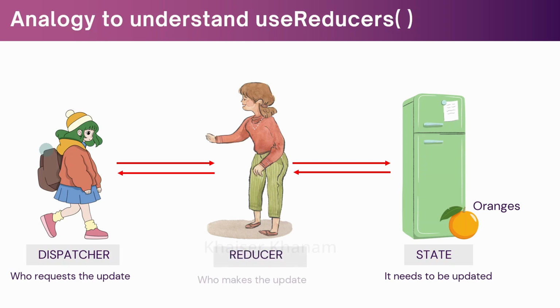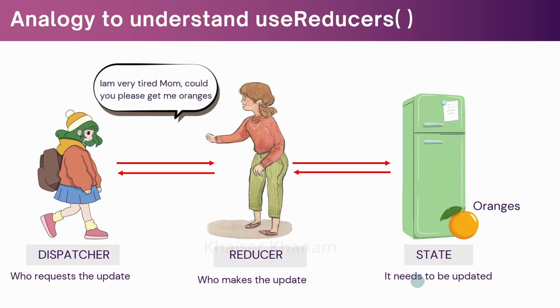So mom is nothing but the reducer who is going to make the update. So the fridge is the state where a state will be updated and you are the dispatcher who is requesting for that update. You are telling that you want some fruits. So you are the dispatcher who is requesting the state update, and mom is the reducer who is actually going to make that update. But how does your mom know what fruit to get from the fridge?